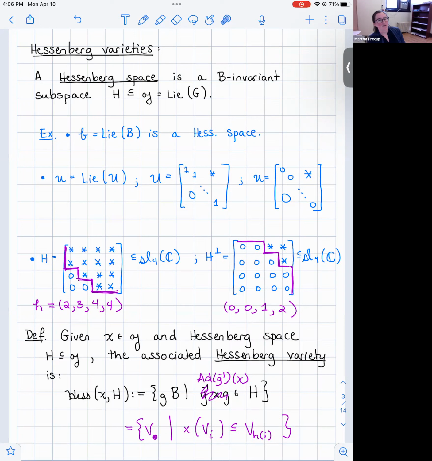And one of the other things that shows up here is that these subspaces being B invariant is very restrictive.